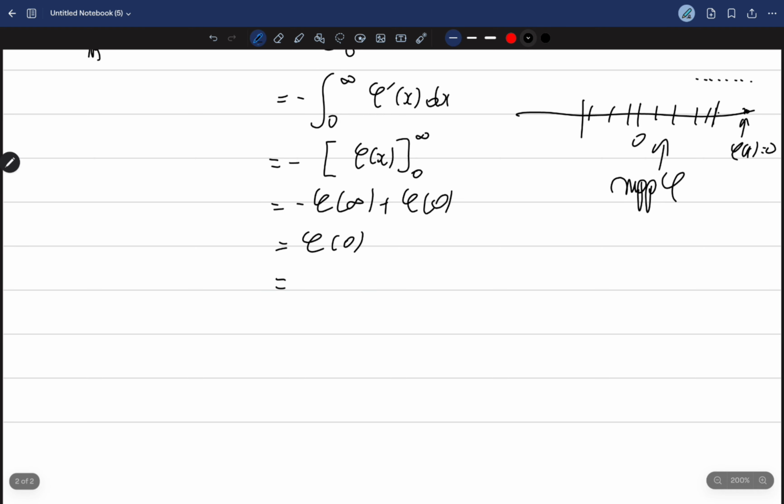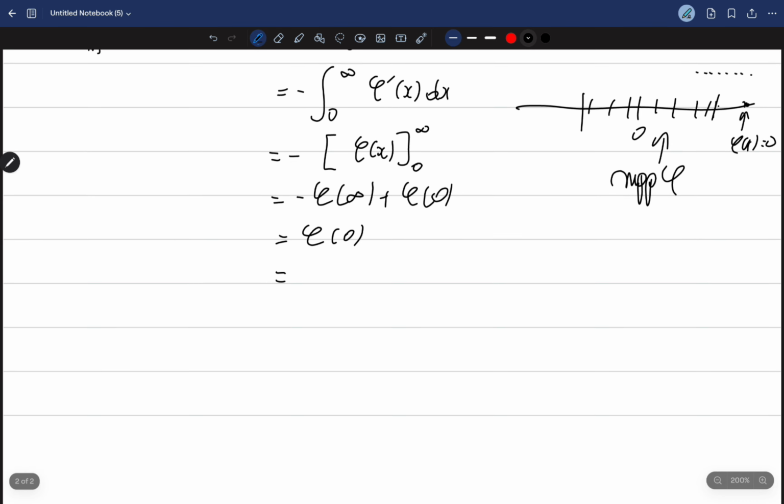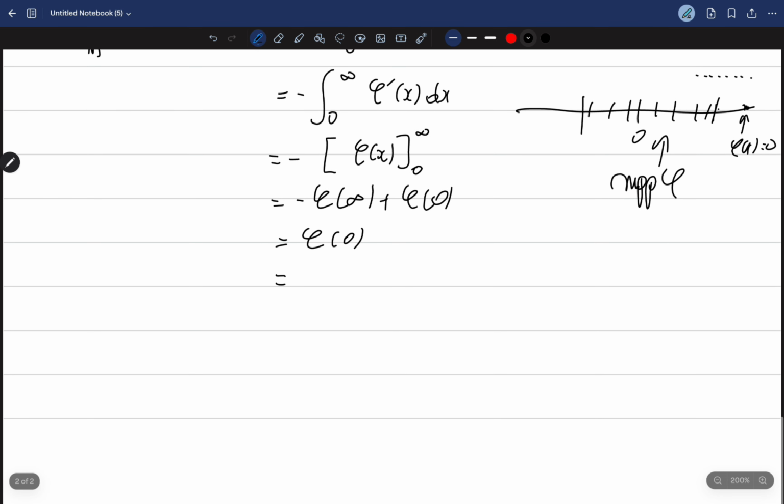But this phi of 0, we have what we call the Dirac function. I will use this notation, but this notation is not right because I didn't say anything about distributions. I will use this for simplicity. So this would be the integral over r of the Dirac function at x times phi of x dx.